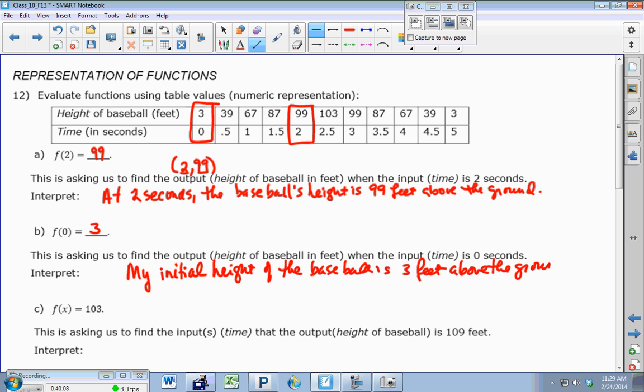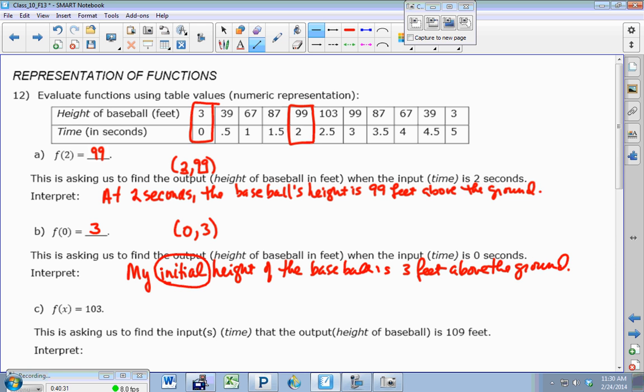And you say, wait a minute, Kavanaugh, you told us we always have to use the numbers that are there. The ordered pair would look like this, 0, 3. I don't see a 0 anywhere. I don't see seconds. So that's all hidden right here in this word, initial.